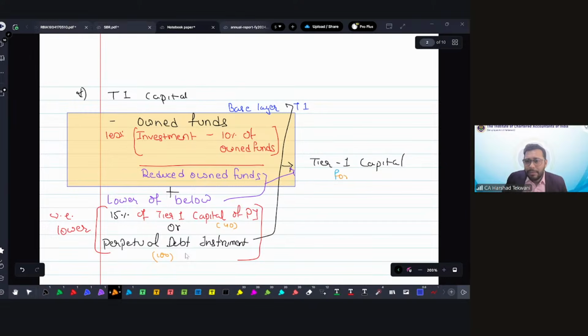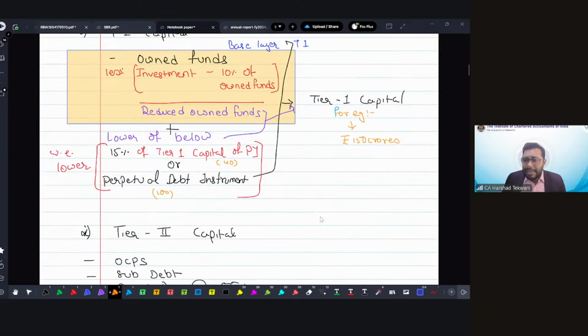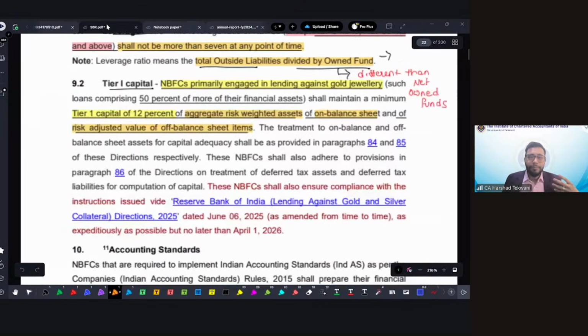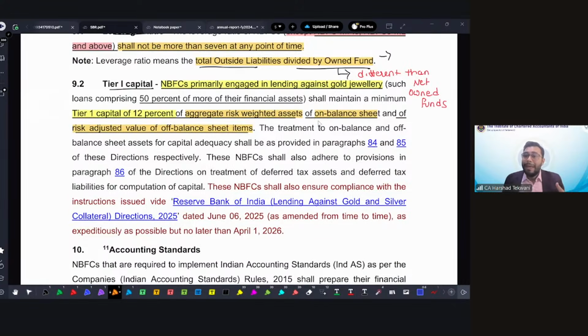For example, after doing the entire exercise, the tier 1 capital amount came to, let's say, a hypothetical example, 150 crores. Fine. Now, this has to be compared with something. In case of gold loans, we saw 12% of risk weighted assets. So 12% of aggregate risk weighted assets of on balance sheet items.